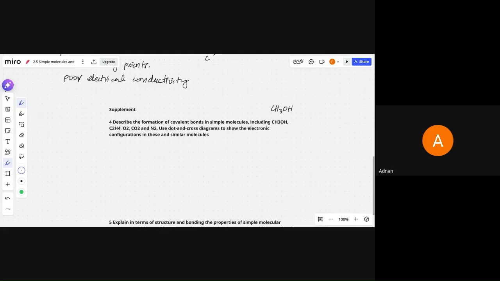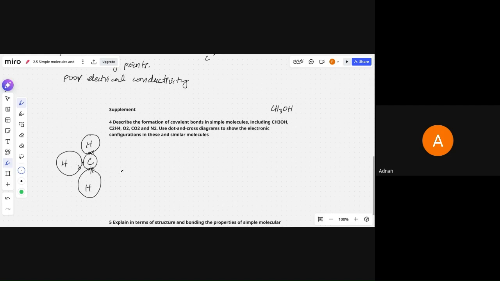Again, we start from carbon. It will be surrounded by three hydrogens like this, and carbon is sharing three of its four electrons with these three hydrogens, and in turn, the hydrogen atoms are also sharing their one electron with this carbon atom, right?